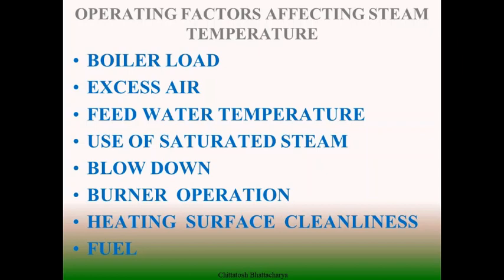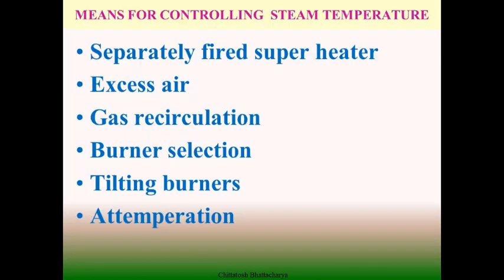But if fuel heat value is less, that is limiting the total heat generation capacity within the furnace. Naturally, even if heat absorption capacity is maintained, we cannot have the steaming parameters at the required level, so that affects. So sometimes we require to have a control over steam temperature.